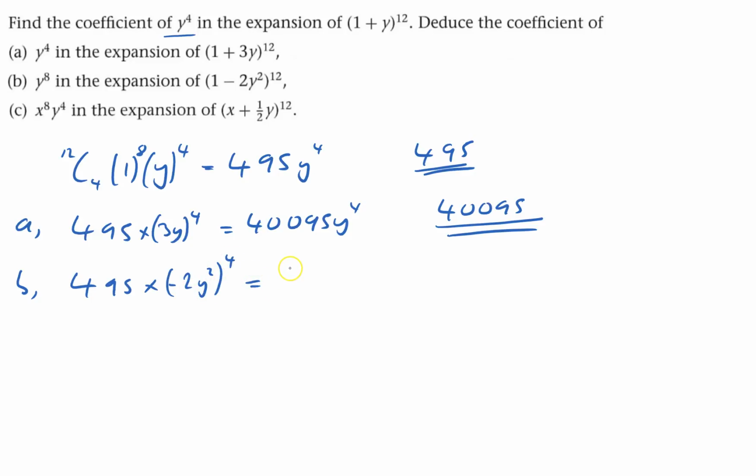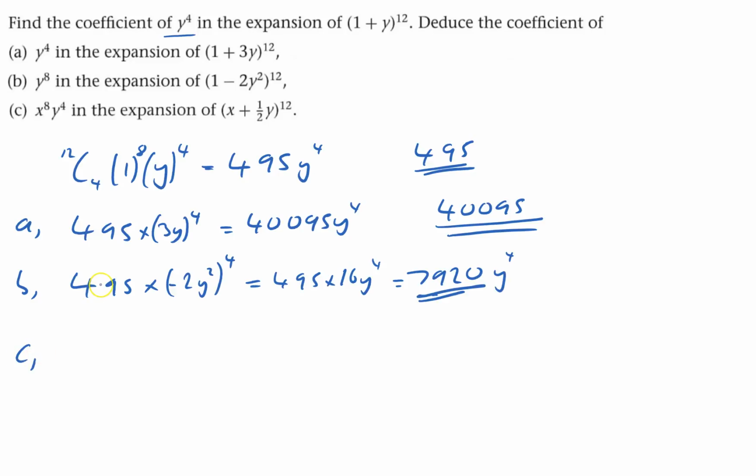And that will be 495 times a negative, or an even number of negatives multiplied together will be positive, and 2 to the power 4 is 16 y to the power 4, and so that equals 7920 y to the power 4. And finally, also the answer is 7920.